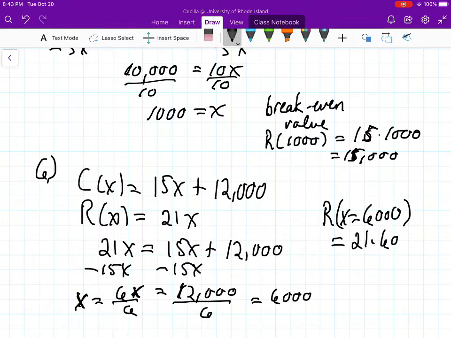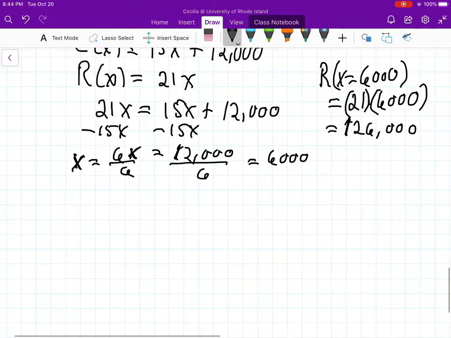So 21 times 6,000. And we can put that in our calculator and get that this is equal to 126,000. So this is our break-even revenue, or some people call it the break-even value.